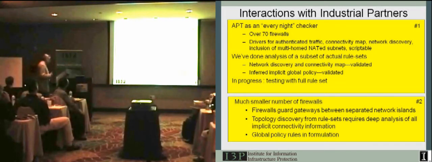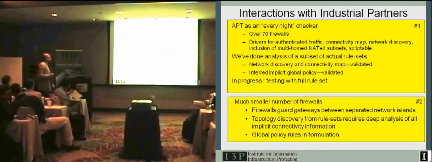We were doing fine until we discovered in one of the systems that we were analyzing that they were using routing statements. And so all of a sudden there was some added level of complexity of having to reach further out into cyberspace to find the networks in the topology discovery phase. So these interactions are going swimmingly.